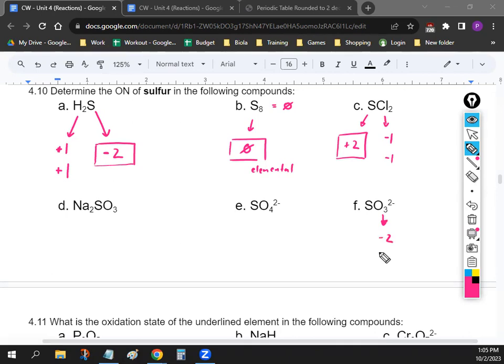So you have 3 oxygens, so -6. What does sulfur have to be? It has to be +4. Why does it have to be +4? Exactly. It needs to be positive 4 because it needs to sum up to negative 2.